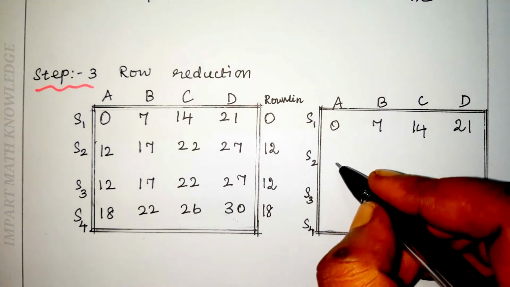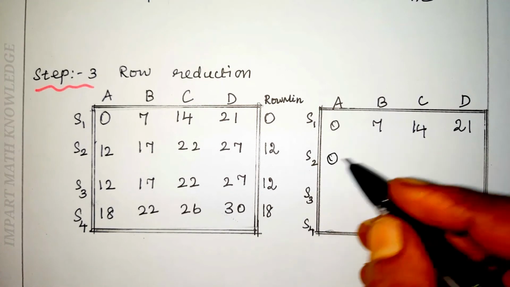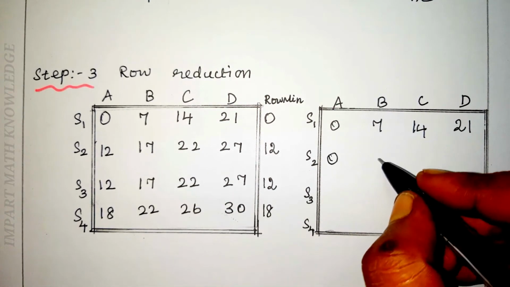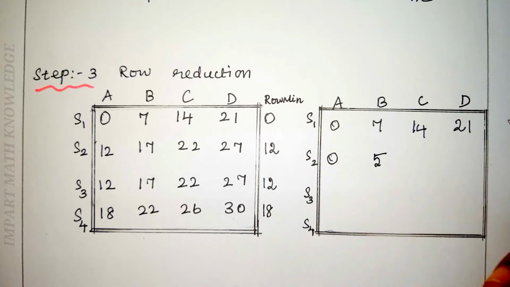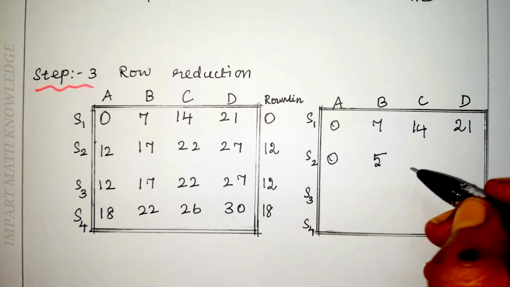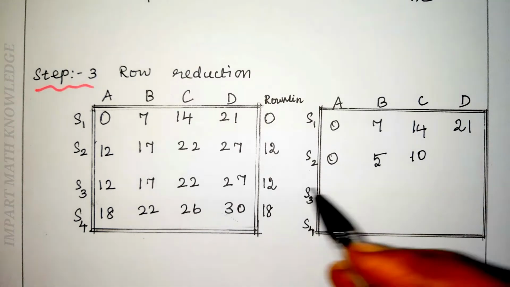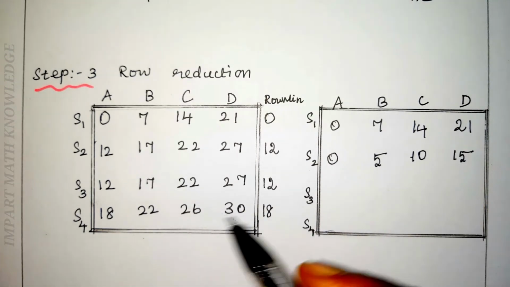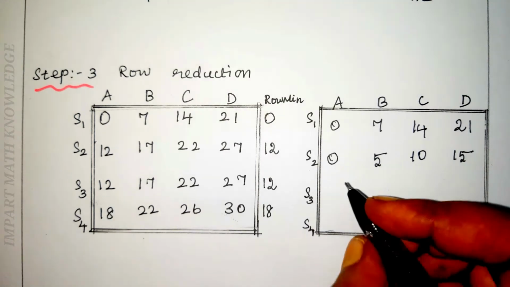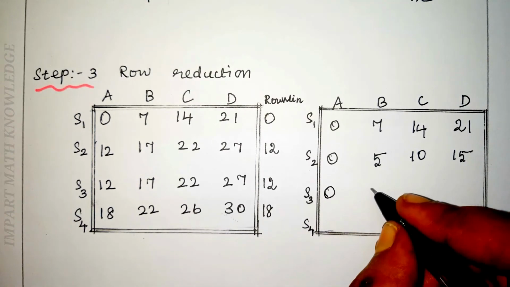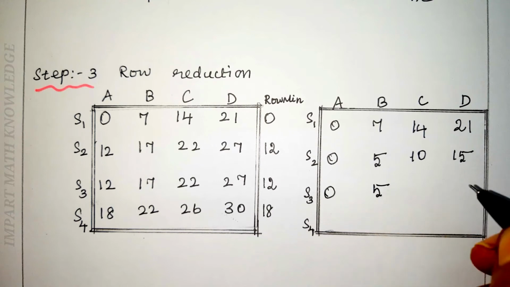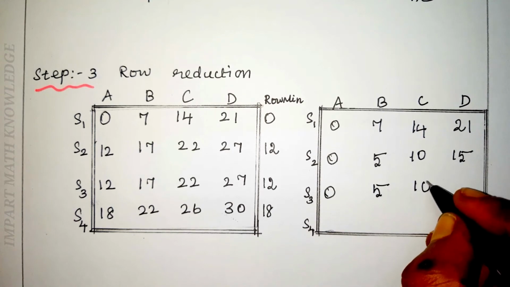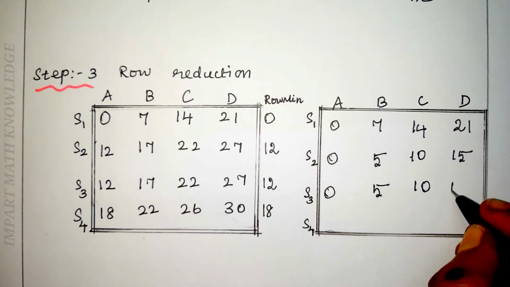12 minus 12 is 0. 17 minus 12 is 5. 22 minus 12 is 10. 27 minus 12 is 15. Similarly, the third row, 12 minus 12 is 0. 17 minus 12 is 5. 22 minus 12 is 10. 27 minus 12 is 15.